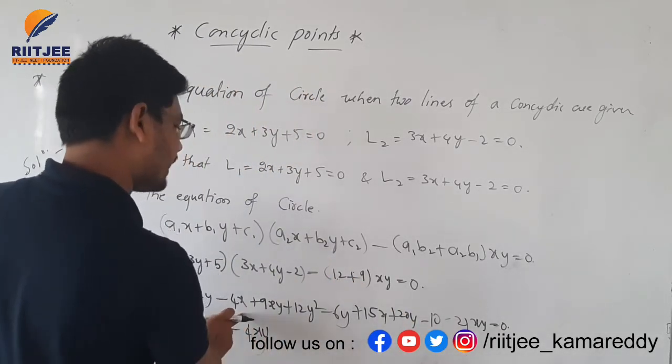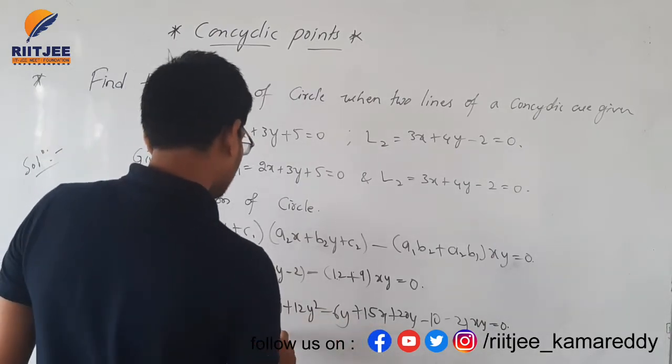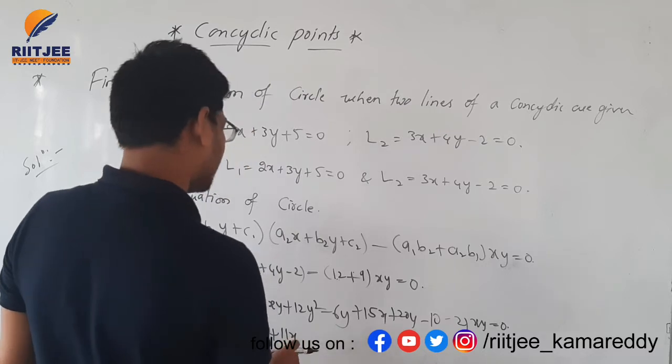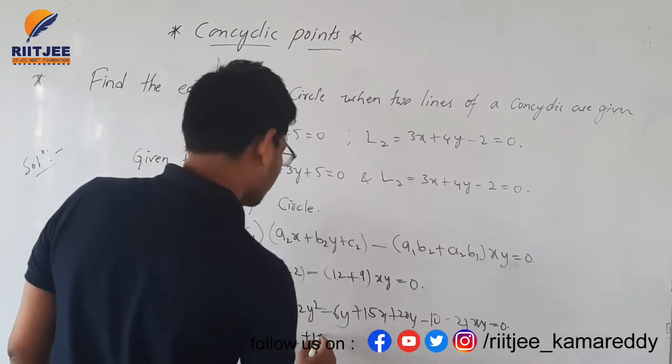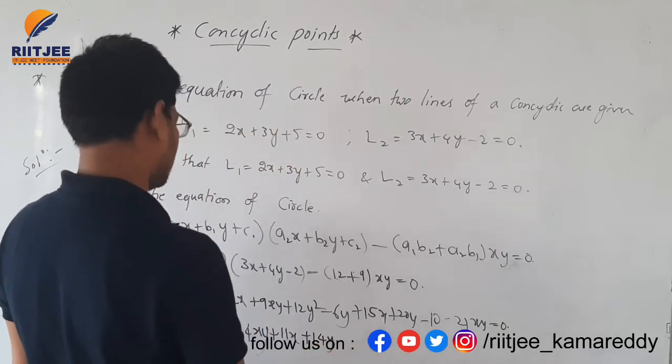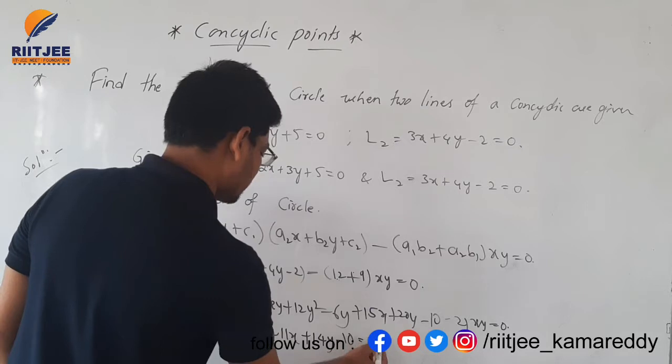And minus 4x plus 15x is plus 11x. Next, minus 6y plus 20y is plus 14y. Next finally minus 10. This is equal to 0.